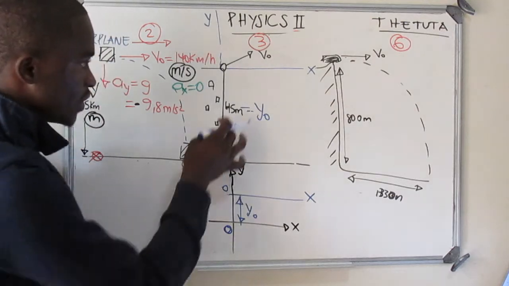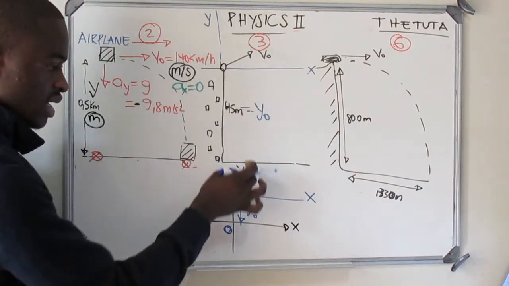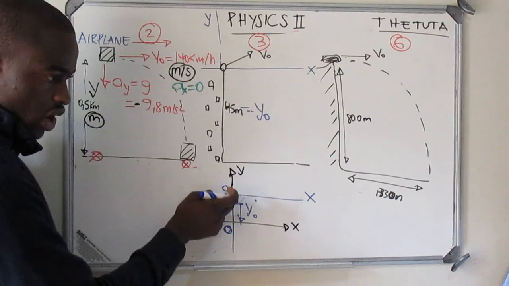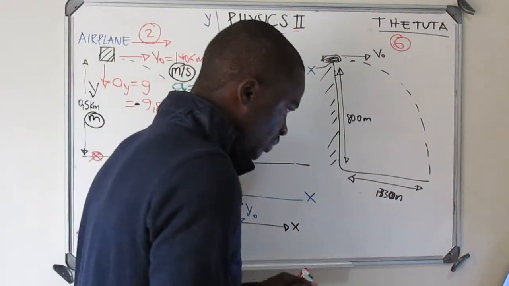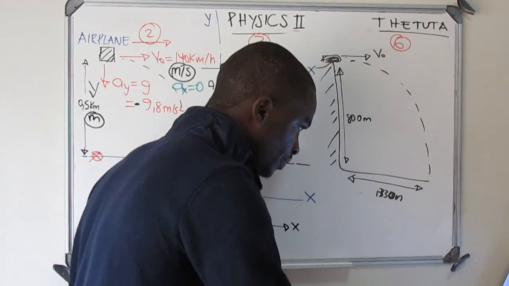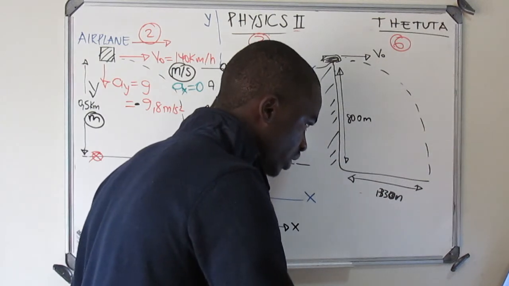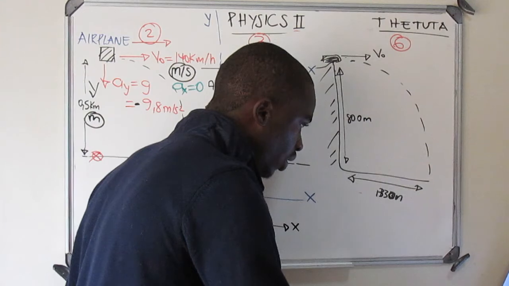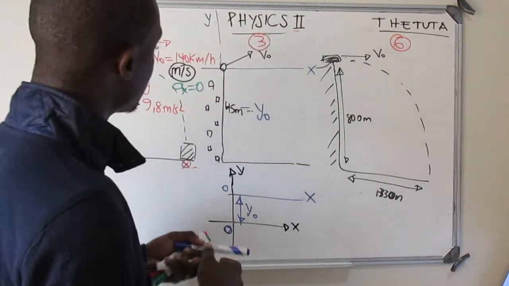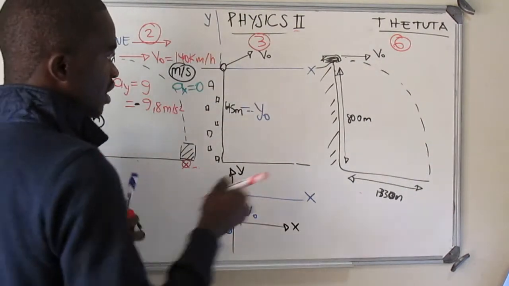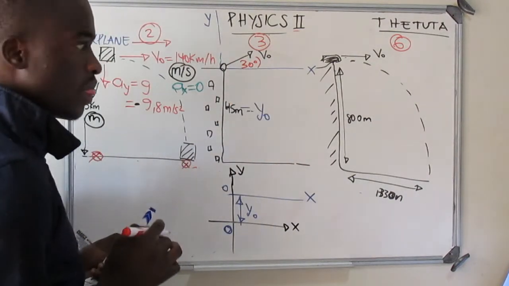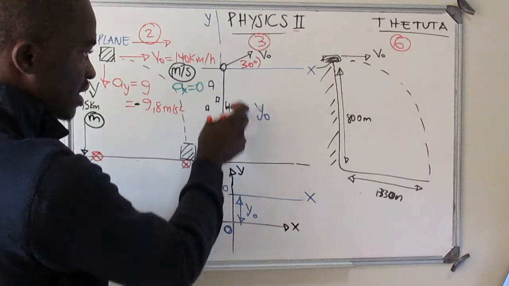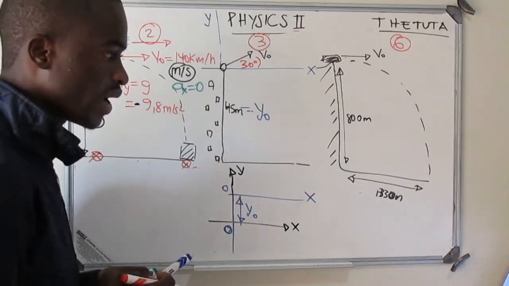Okay? So this y here is going to be the initial. The reason why is because of this. Okay? So they give us this initial speed, but they say the stone was thrown at 30 degrees. So we have an angle that is given here, 30 degrees there. Okay? And I said this y here is our initial y.